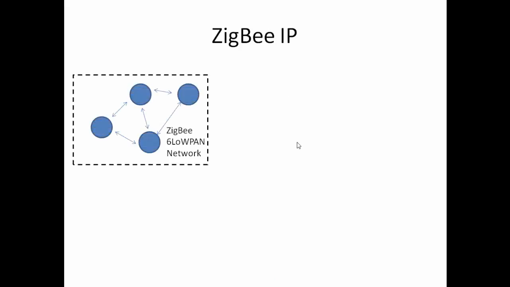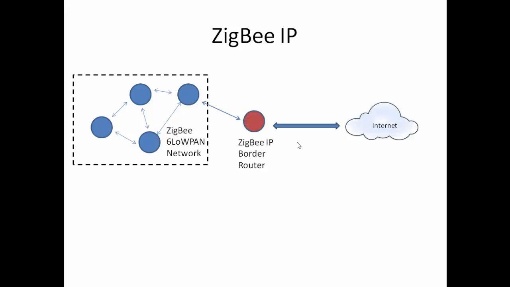Coming to ZigBee IP. Now the devices in the ZigBee network are implemented as a 6-LoWPAN network, and to connect to the internet we have a ZigBee IP border router in between, and since the devices are IPv6 addressable, they can be directly connected to the internet via this. And so now there's no need for a gateway, the devices can connect directly to the internet.